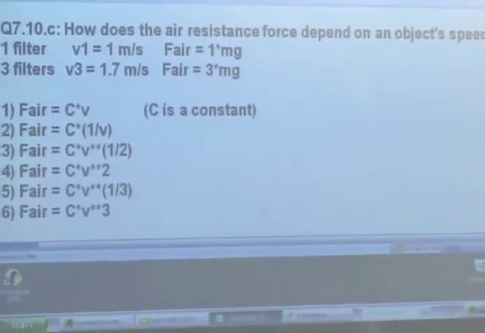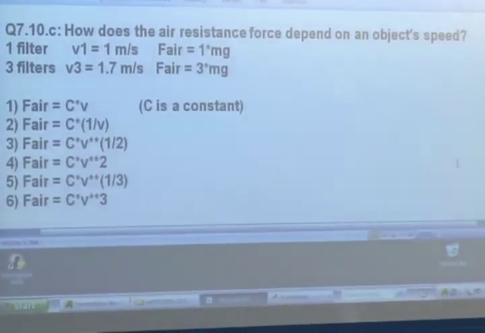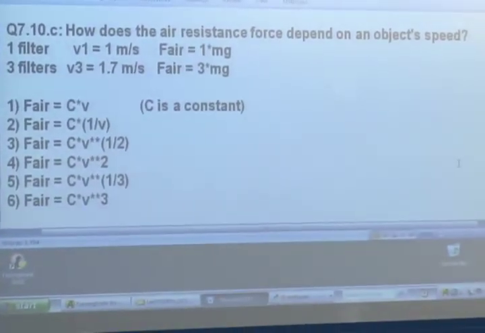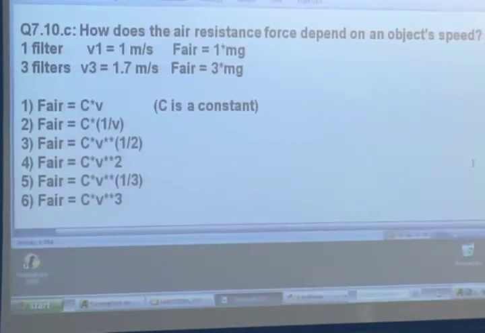When one filter fell, let's say it fell at a terminal speed of 1 meter per second. And when these 3 filters fell, and these are roughly real measurements, they fell at a terminal speed of 1.7 meters per second, so faster.